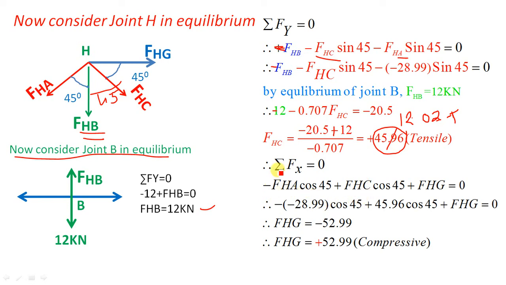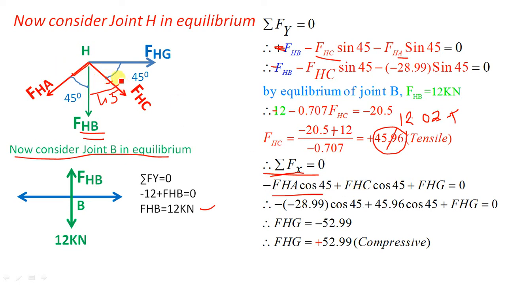Now apply the second condition, summation of F of X is equal to 0. What is summation of F of X? You have to resolve this force, this and this one, into its two components, x and y direction. So minus F of HA cos of 45 plus F of HC, why is it plus?